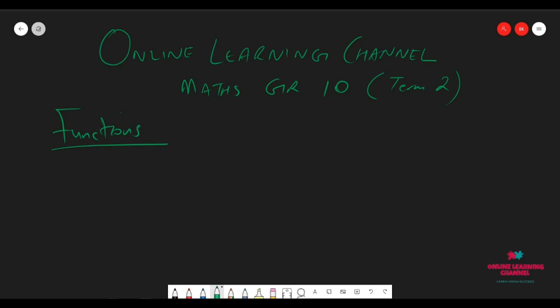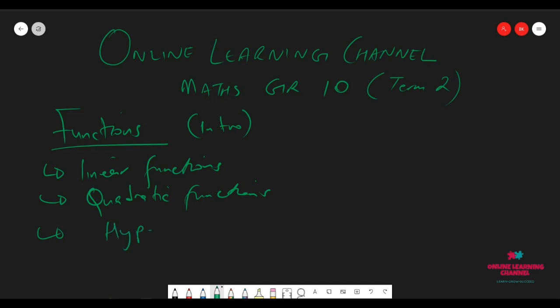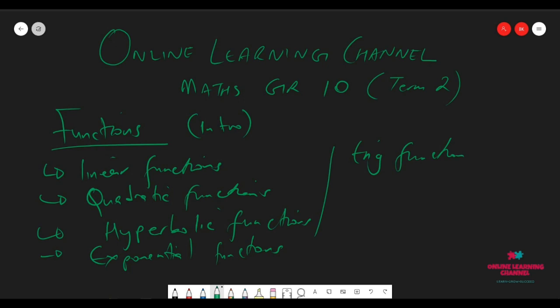Under functions, I'll firstly introduce what functions are, then we'll start looking at what we call linear functions, quadratic functions, hyperbolic functions, exponential functions, trig functions, and interpreting of graphs.